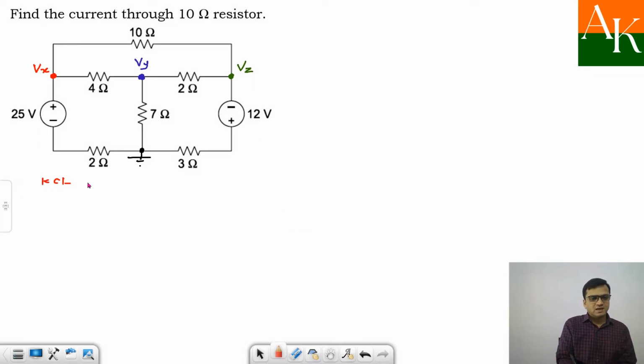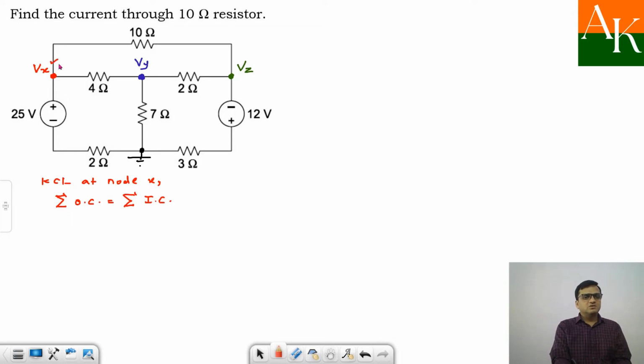So KCL at node X. That means summation of outgoing current is equal to summation of incoming current. Now you check, is there any current source connected to node X? No. So that means I can assume all the currents as outgoing.